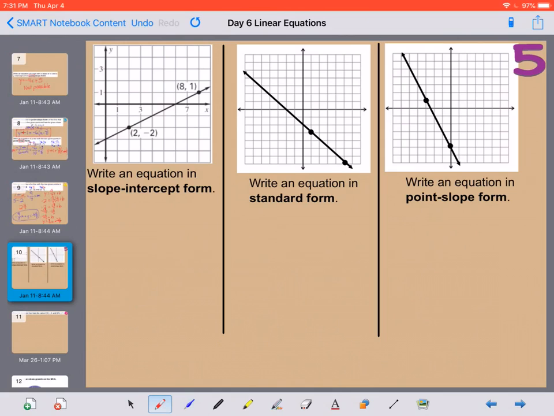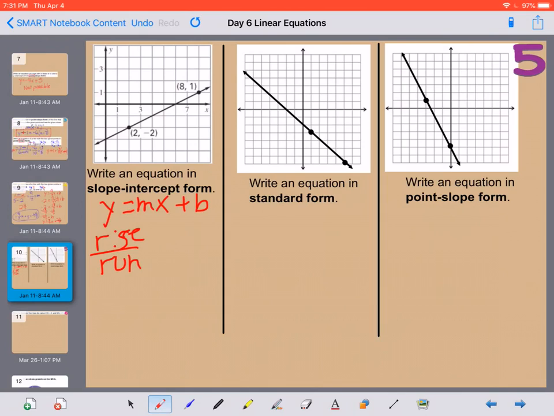Alright, write an equation in slope-intercept form, y equals mx plus b. So our m, we just have to find our rise over the run.